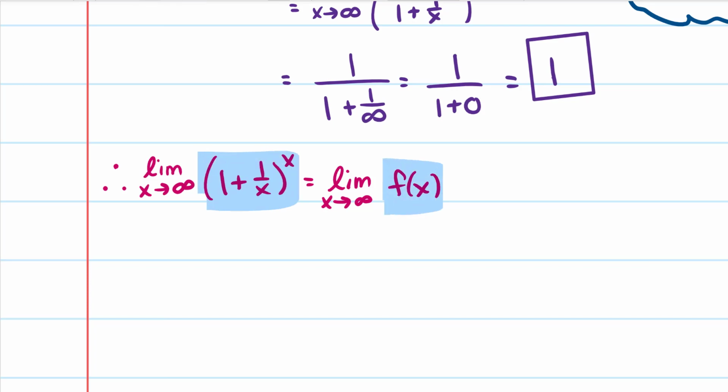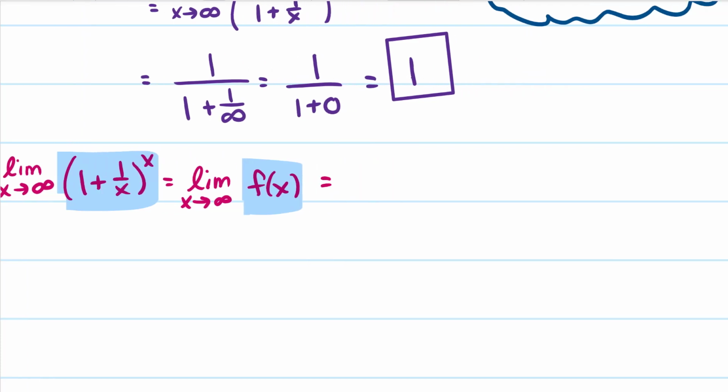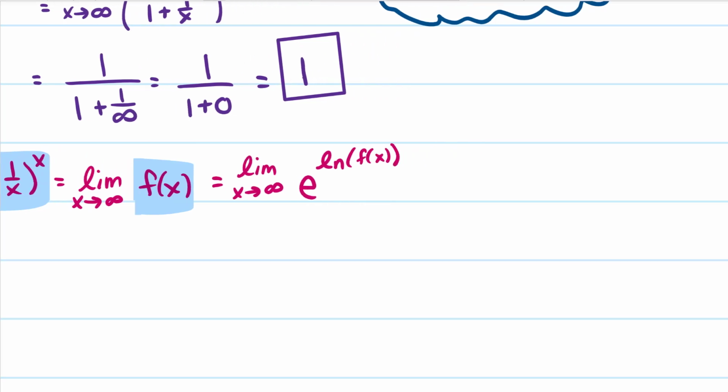And then using our property from the very beginning, we can rewrite this as the limit as x approaches infinity of e^(ln f(x)), which is going to be equal to e to the limit as x approaches infinity of ln of f(x).